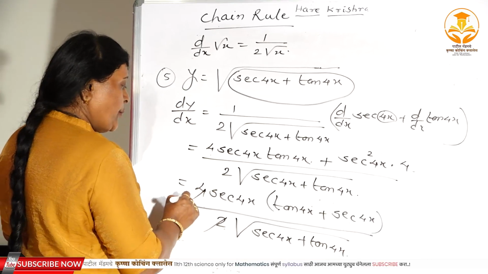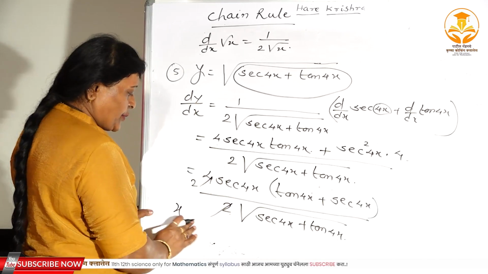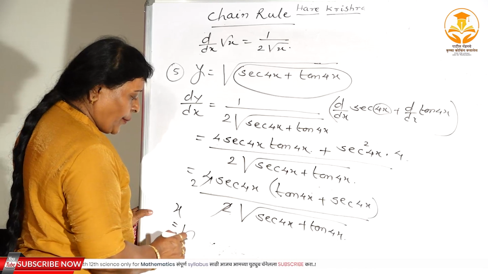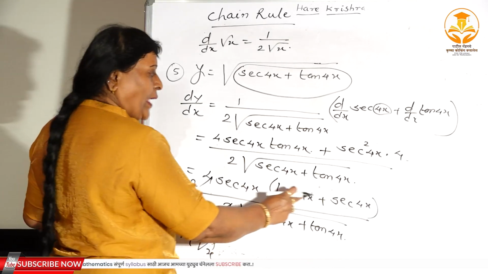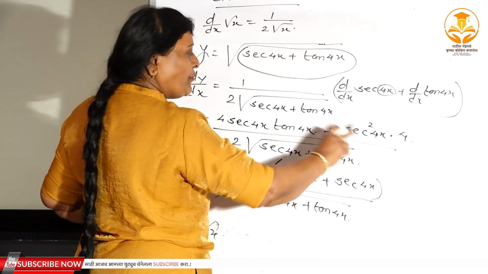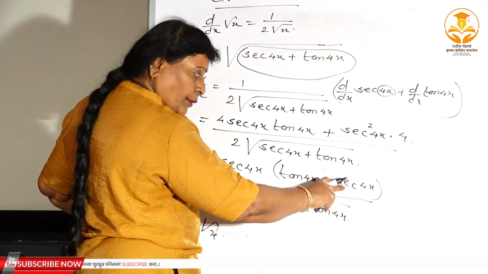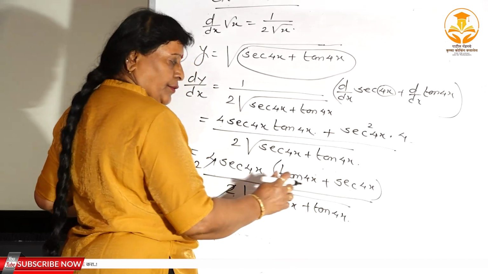This is 2 to the 4. Again suppose the function is x. This x you can write in the form of root x into root x. Similarly tan 4x plus sec 4x you can write as root of tan 4x plus sec 4x into root of tan 4x plus sec 4x.